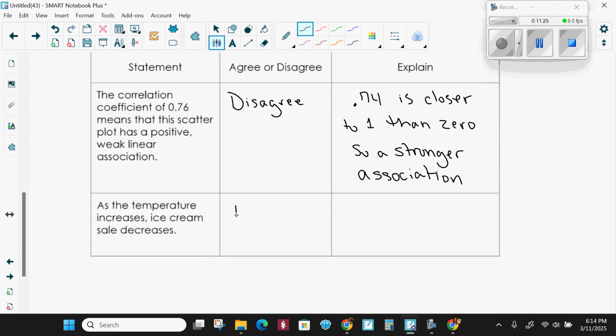So we are going to disagree with this one. A positive correlation or association. So as the temperature goes up, the sales go up.